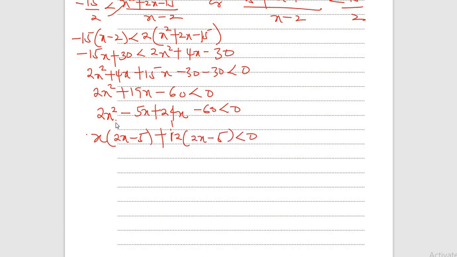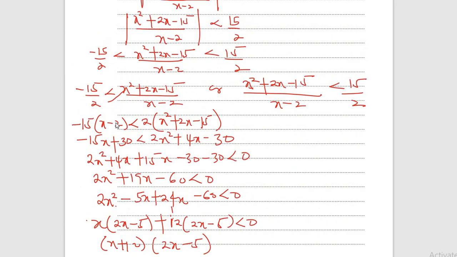At the end of the day, we have x plus 12, 2x minus 5. The least value is minus 12. So the answer takes minus 12 less than x less than 5 over 2 for this one.